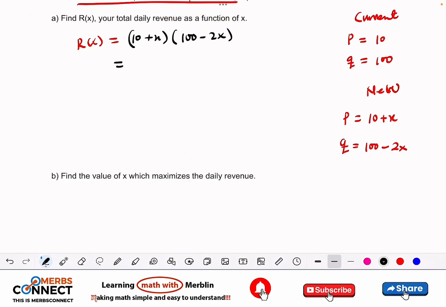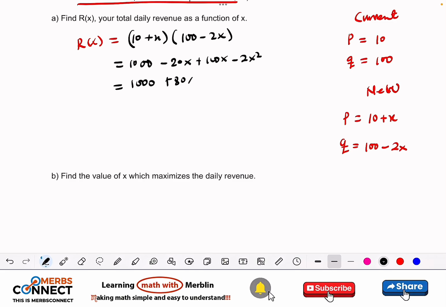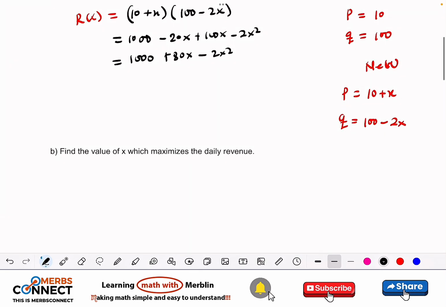So let's simplify this. 10 times this is going to give us 1,000 minus 20X plus 100X minus 2X squared. So we are going to have 1,000 plus 80X minus 2X squared. So this is our revenue that we want to differentiate.